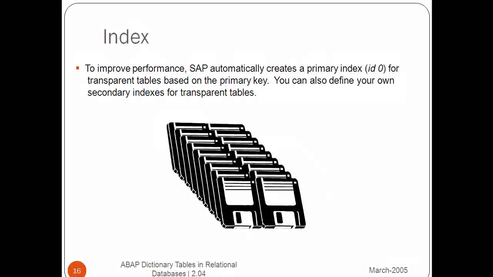Now suppose I want to find the address of a particular person. How will you do that? You cannot jump into the table and search through lakhs of records. There should be some way through which you can find the person's details.